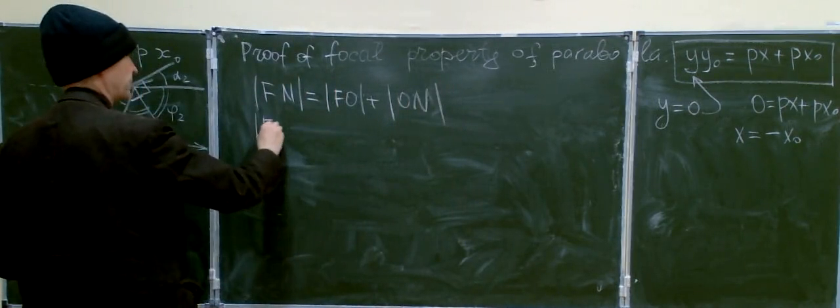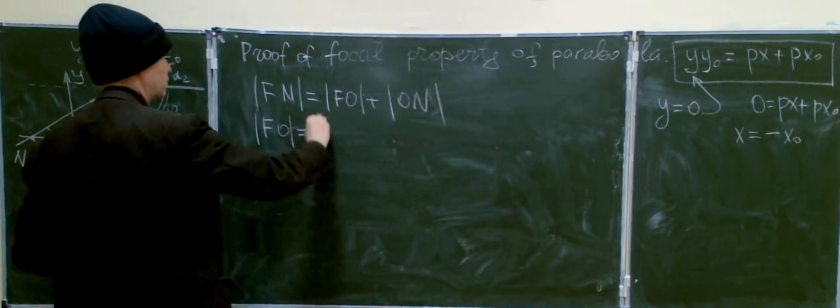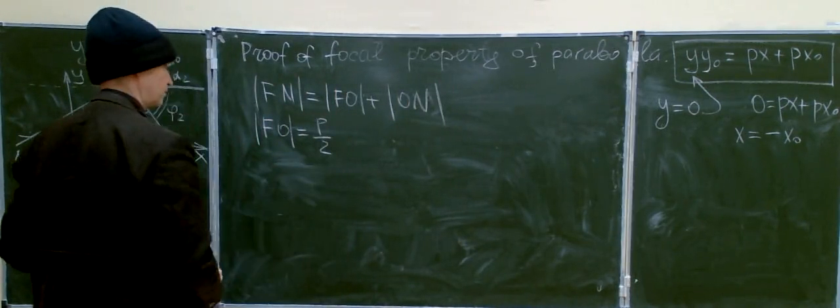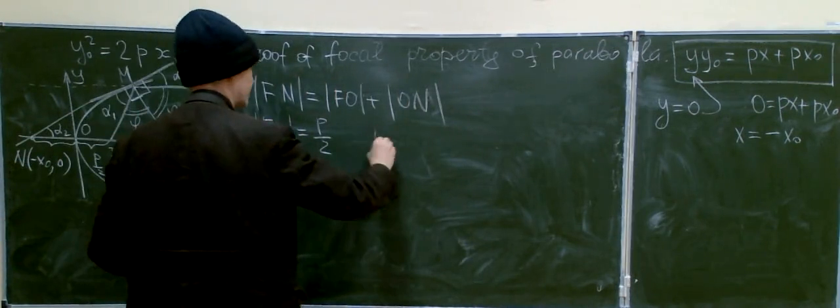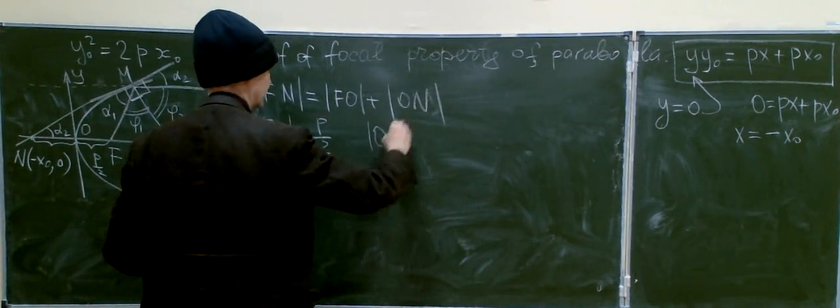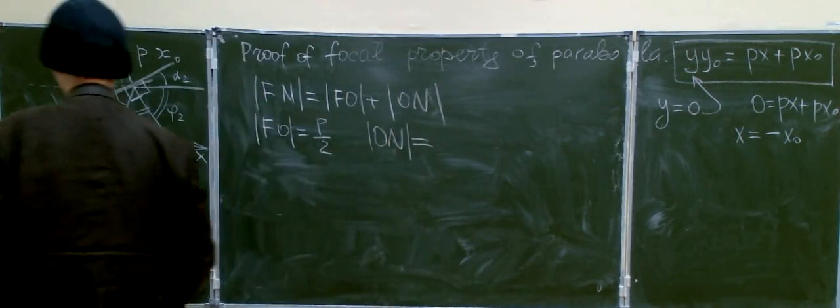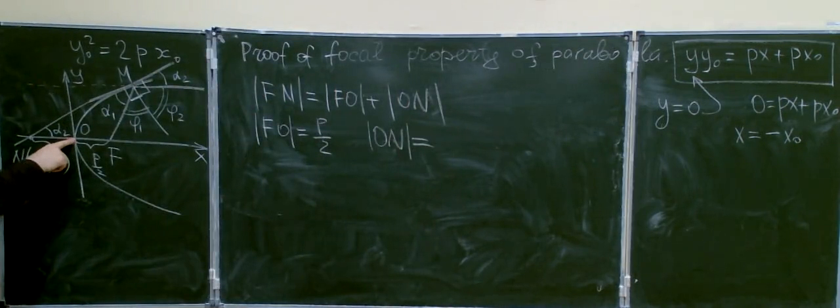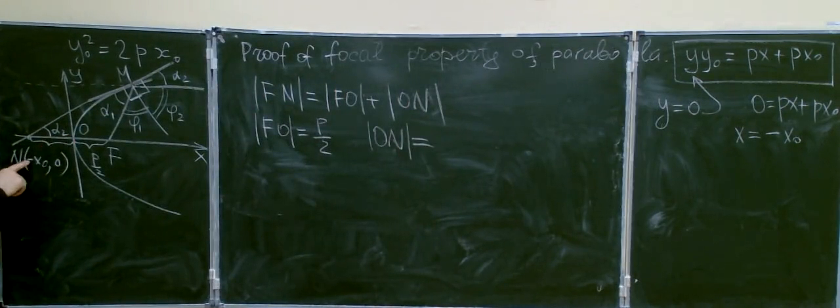The distance FO is equal to p over 2. And the distance ON, indeed, the coordinate of the origin is 0, while the coordinate of the point N is minus x0.